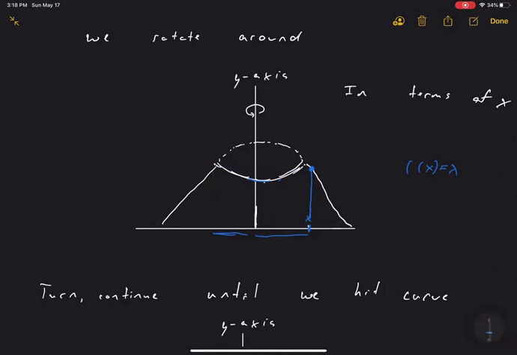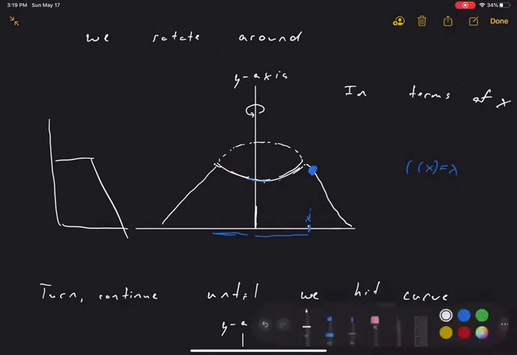So what is the height of this cylinder? Well, it's whatever that distance is, right? That distance is going to be the y coordinate of this point on my original curve. Remember where this 3D object is coming from: we rotated this 2D object around the y-axis.